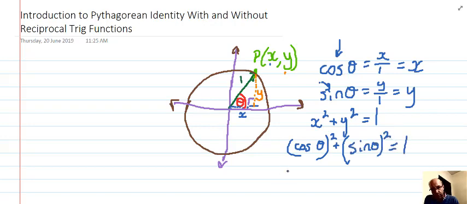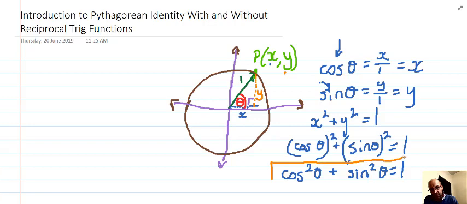From hopefully the previous video you've watched, or your previous knowledge, that can be written as cos squared theta plus sine squared theta equals 1. And that essentially is the Pythagorean identity right there. So whenever you have sine squared of a particular value plus cos squared of the particular value, it equals 1.